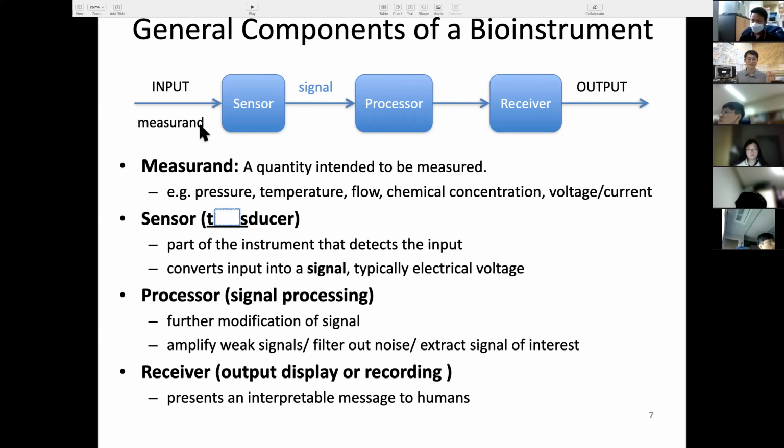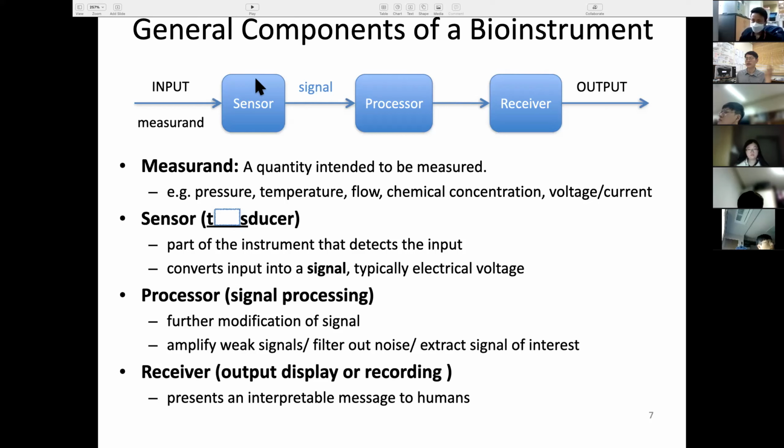So for example, these measurements are pressure, temperature, and flow. Which means, for example, in our body, blood pressure, body temperature, or blood flow, or chemical concentrations such as glucose, or voltage, since our body's electrical system is producing voltage or current, can be a measurand.